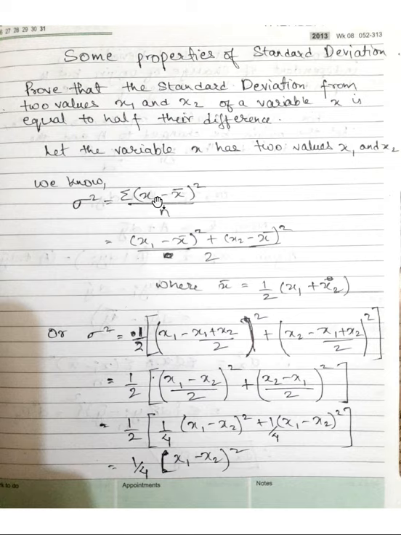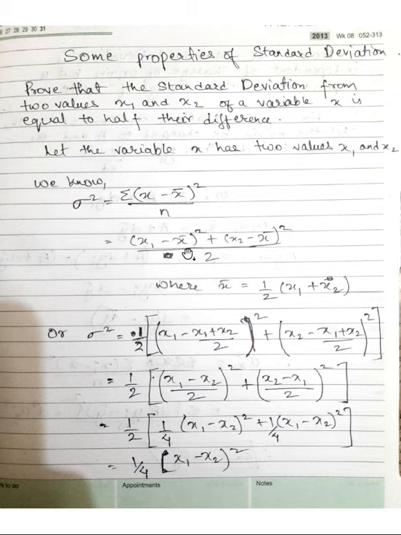So if we elaborate this, the summation will be equal to x1 minus x bar whole square plus x2 minus x bar whole square, since x1 and x2 are the two observations, and n will be 2 because we only have two observations x1 and x2.